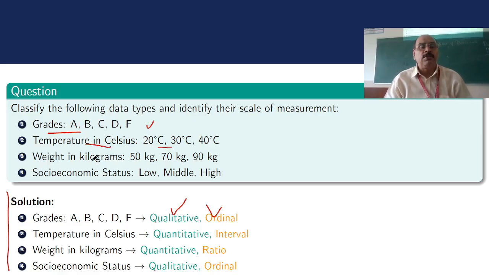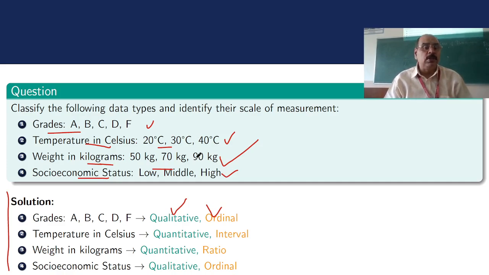Temperature in Celsius, weight in kilograms, socio-economic status, and what is this? So this naturally will be qualitative, right? Because you have grades, you have marks. This will be quantitative because it has numerical values. This does not have numerical values, so it is qualitative, right?